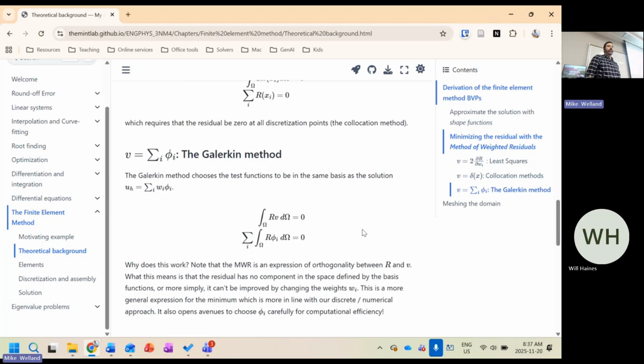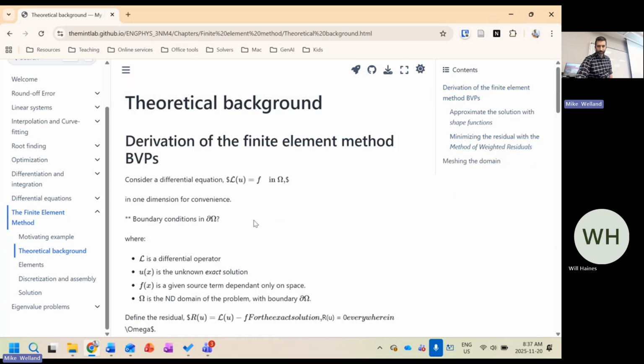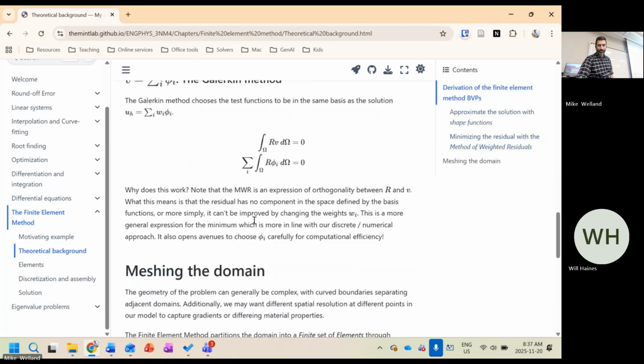The Galerkin method, which is one of the underpinnings of finite element method, the most common one by far, says that whatever function, whatever basis you're expressing your solution in, you're going to use that as your test function too. There are reasons why you would do this, and we'll come to that with assembly.